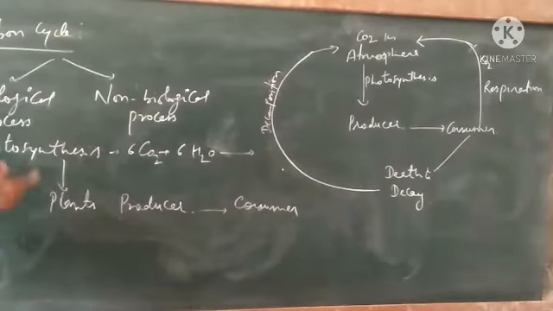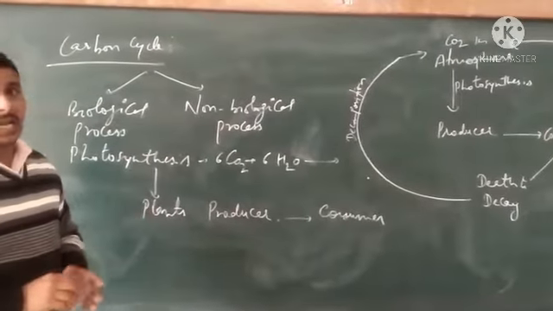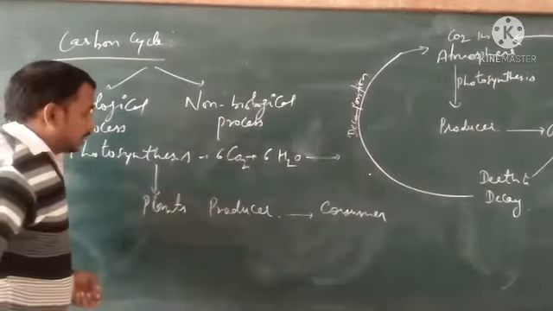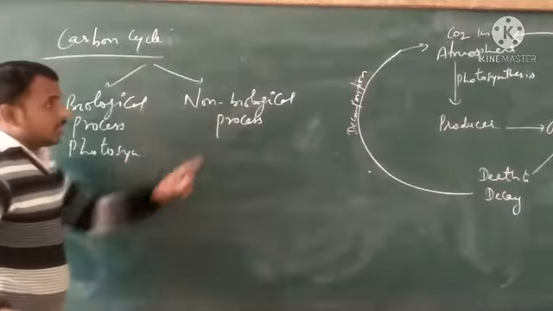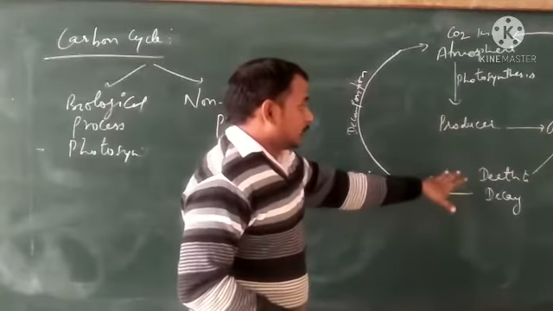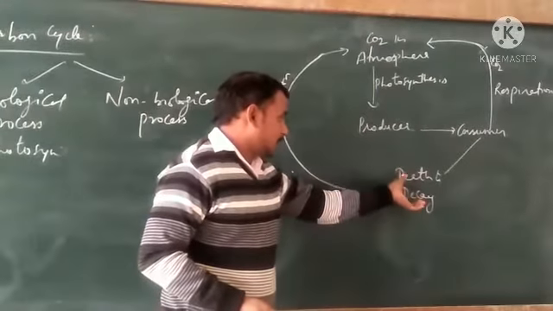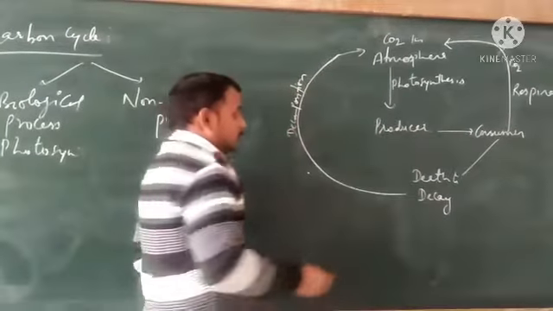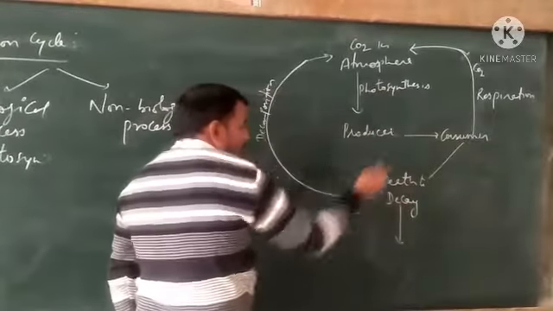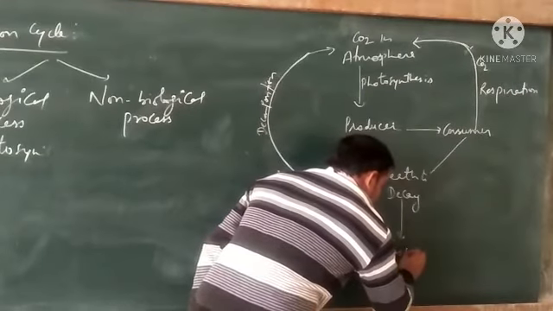After biological processes, now the non-biological processes which help in fixation of carbon. Here we see in this cycle that after death and decay there are certain possibilities: death and decay come under decomposition, or they also come under fossilization.